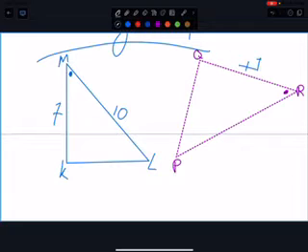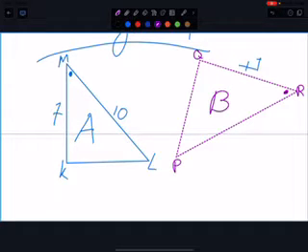Which length on triangle A represents PR on triangle B? Yes, as in ML represents which side? PR, correct. That's it. That's all there is to it.